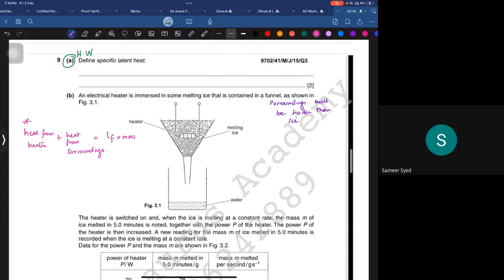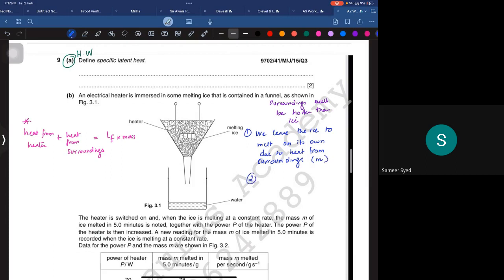Now generally, what you do is number one, we leave the ice to melt on its own due to heat from surroundings. This is the first thing we got to do. Let's call that mass that is melted as M1.